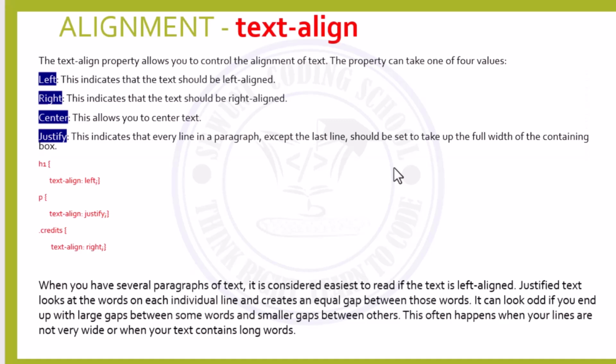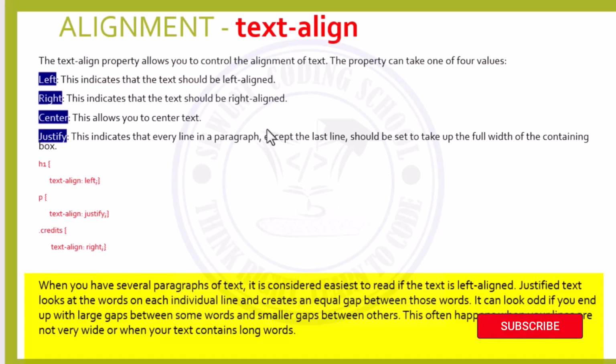When you use several paragraphs of text, it is considered easiest to read if the text is left aligned. Justified text looks at the words on each of the individual lines and creates an equal gap between those words, just like it happens in MS Word.